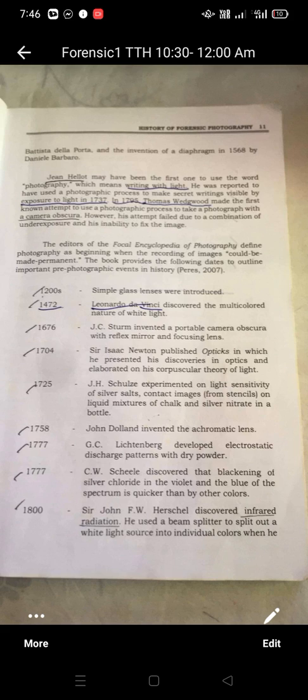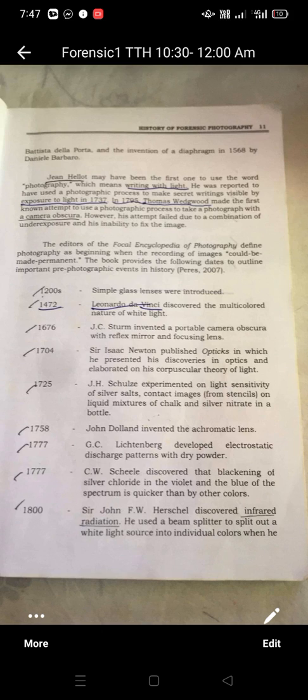In 1200, simple glass lenses were introduced, and in 1472, Leonardo da Vinci discovered the multicolored nature of white light. In 1676, J.C. Sturm invented a portable camera obscura with a reflex mirror and focusing lens.